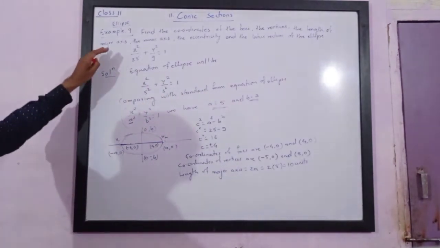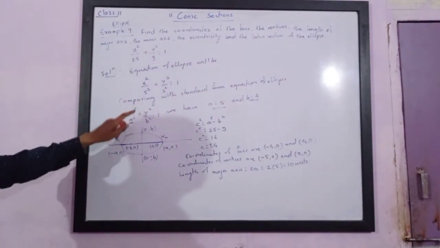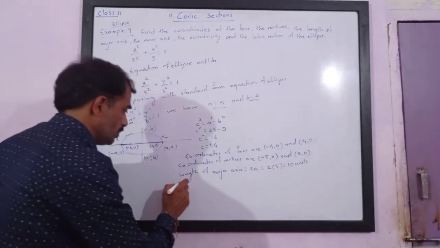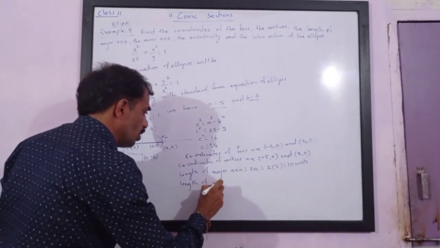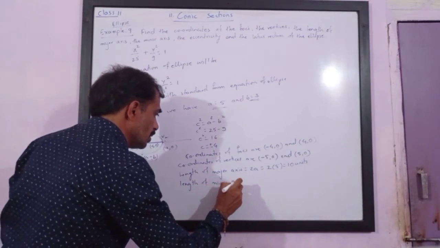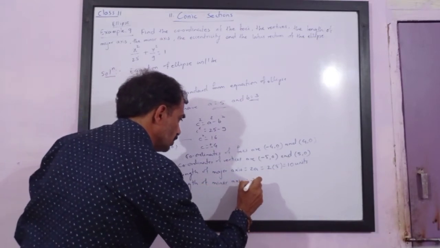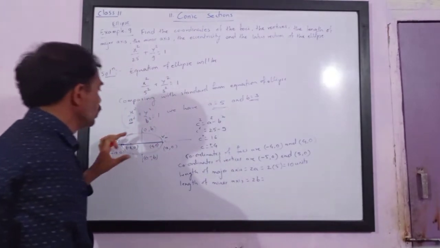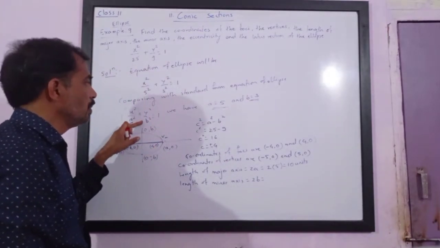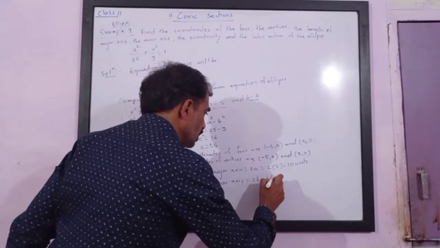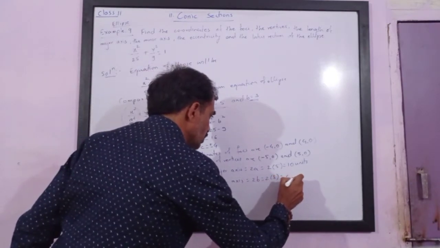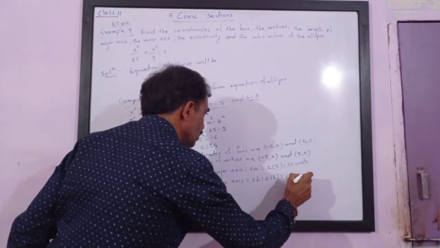Then the length of the minor axis is twice b. b is 3, so you get 2 into 3, that is equal to 6 units.